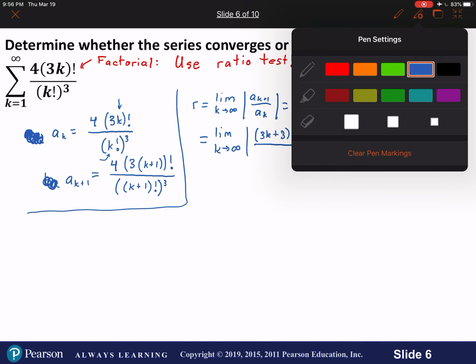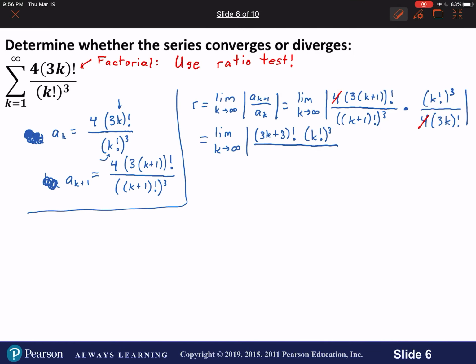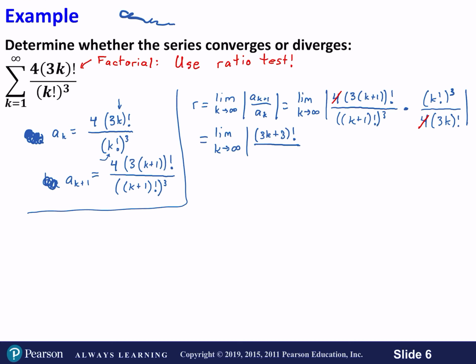And actually, one thing I want to write on top, instead of k factorial cubed, let's instead write that as k factorial times itself 3 times. So we're going to write it like this: k factorial times k factorial times k factorial. I think this will be illuminating here in a second.